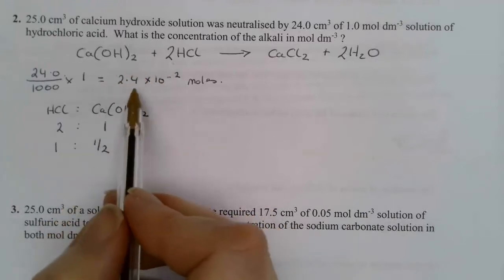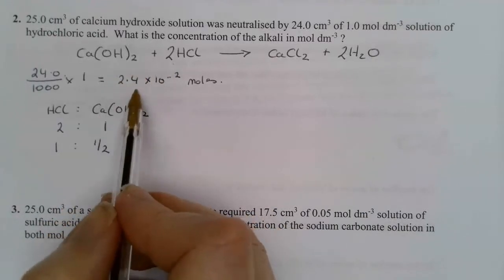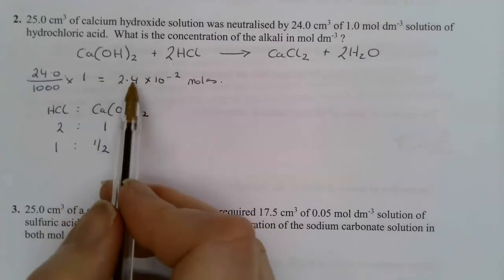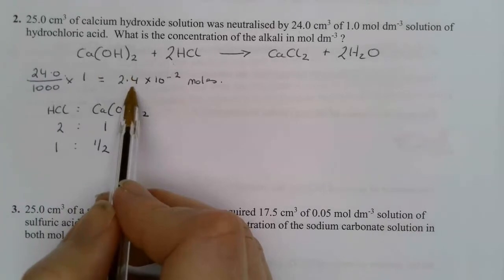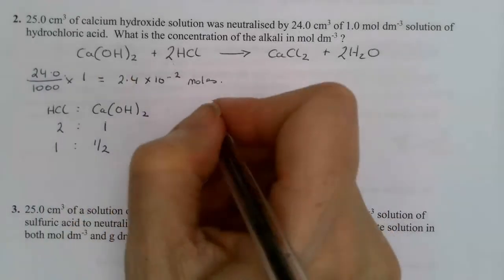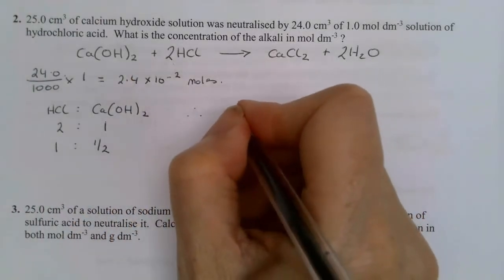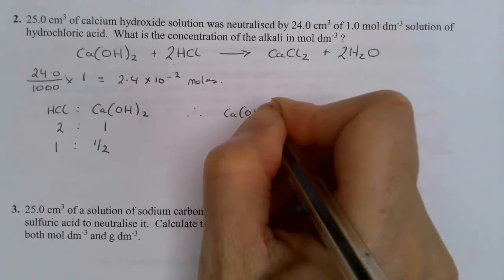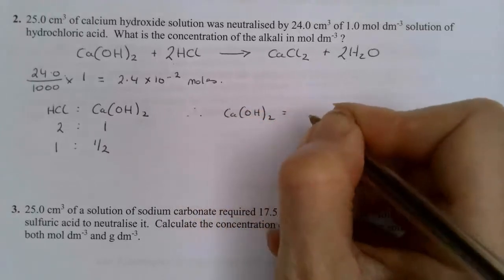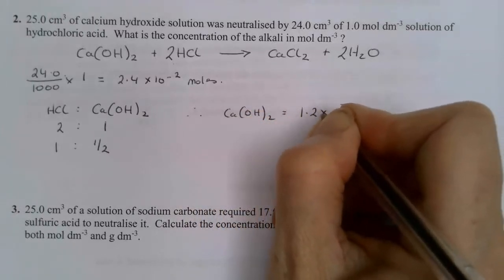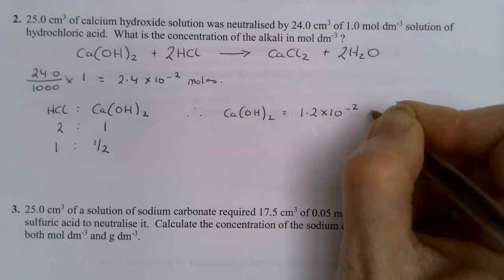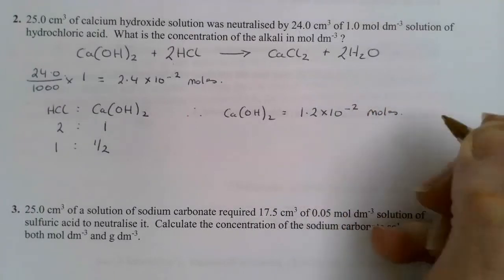So I need half this number of moles of the hydroxide. So I have 2.4 times 10 to the minus 2. Therefore, the number of moles of calcium hydroxide equals 1.2 times 10 to the minus 2 moles.